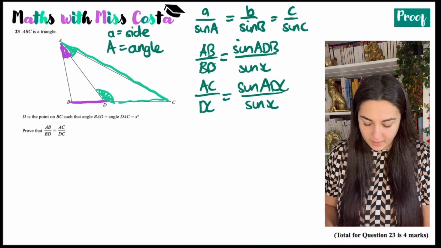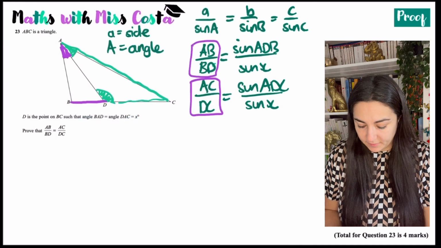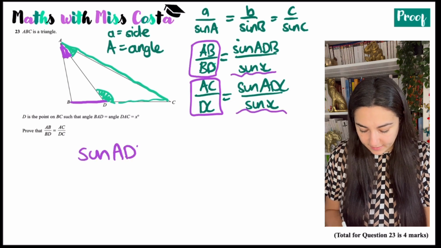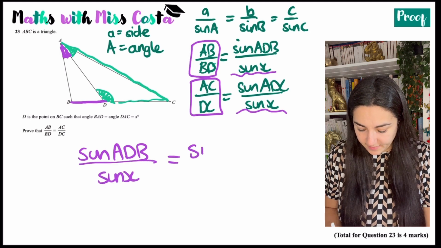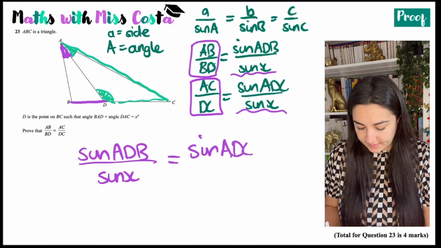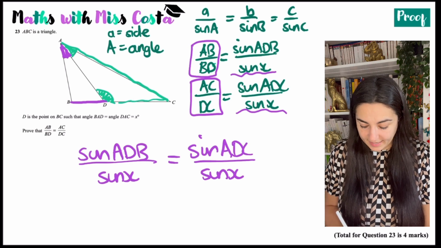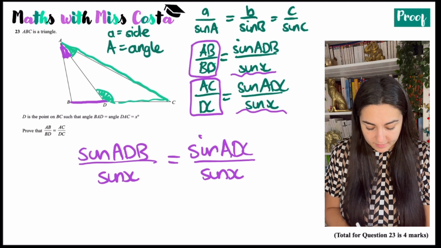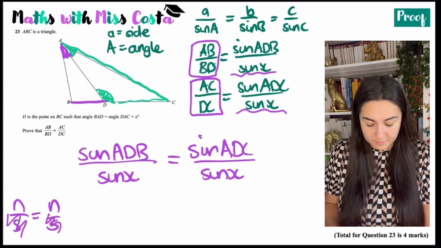So I need to prove that AB over BD equals AC over DC, and I do this by proving that these two are equal. So sine ADB over sine X is equal to sine ADC over sine X. Well, they're both being divided by sine X, aren't they? So like if I said to you, I don't know, n over 5 equals n over 5, they're both being divided by 5, so therefore n must equal n.